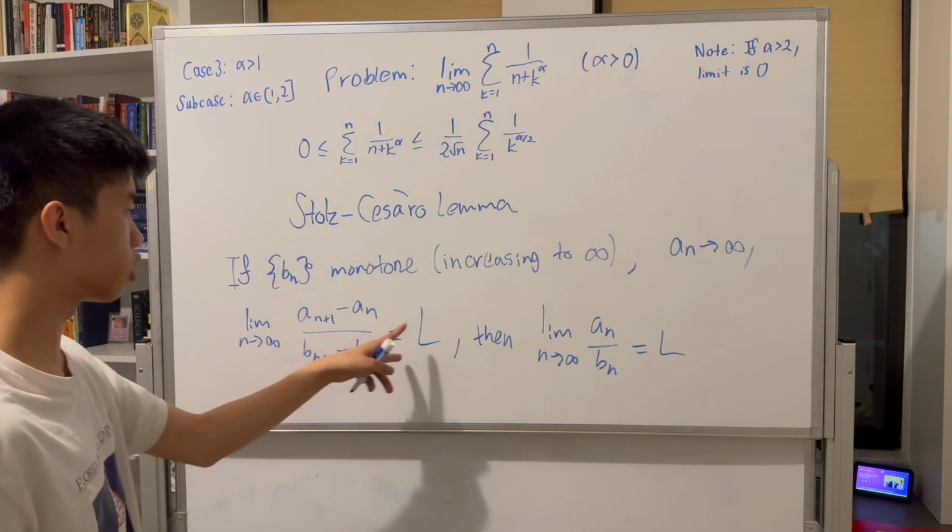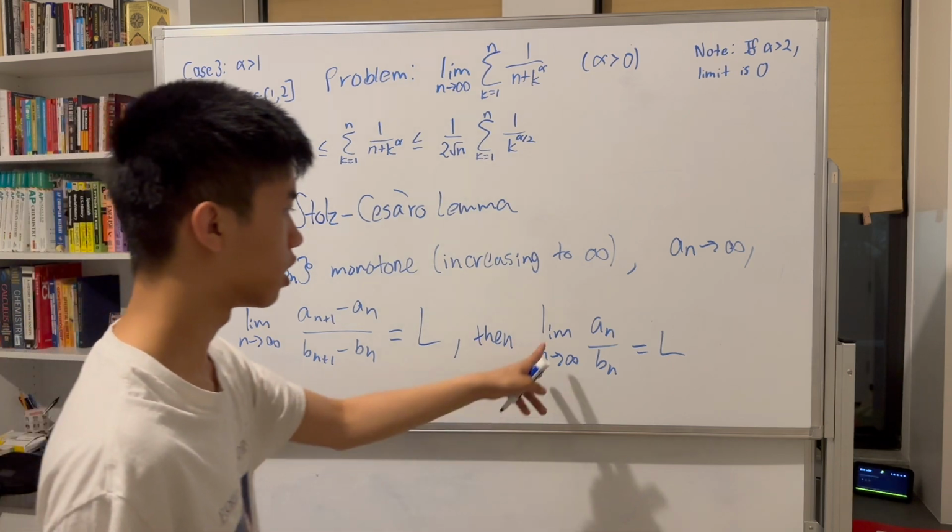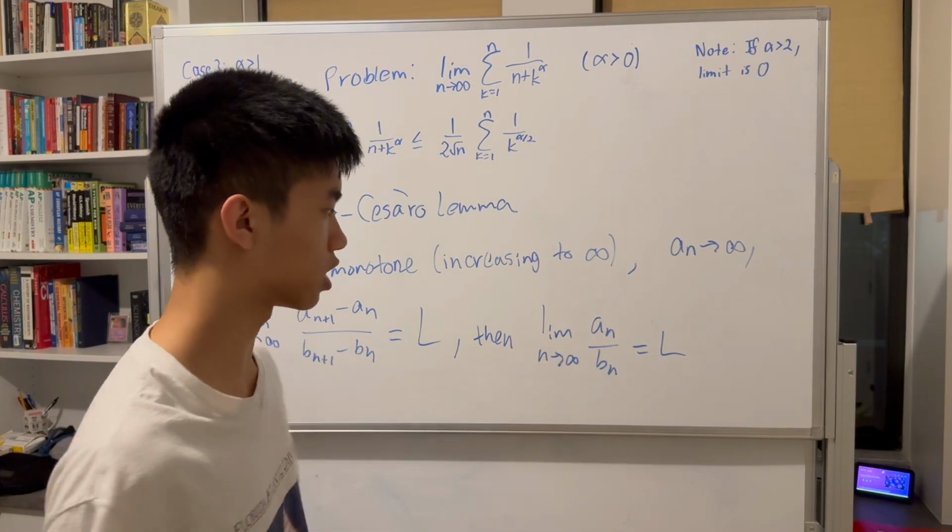And if this limit exists, then this limit must go to the same exact number.